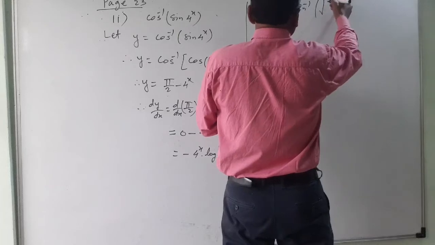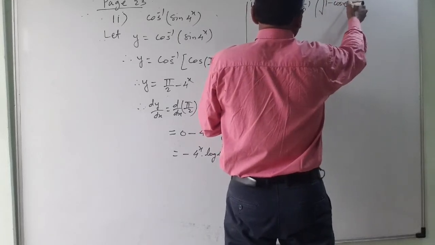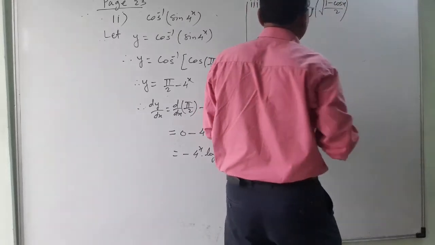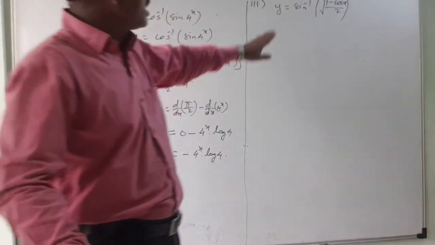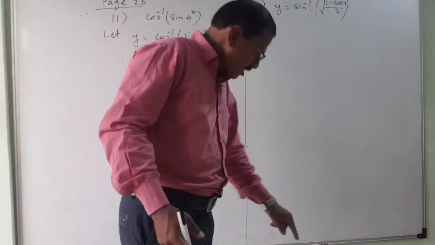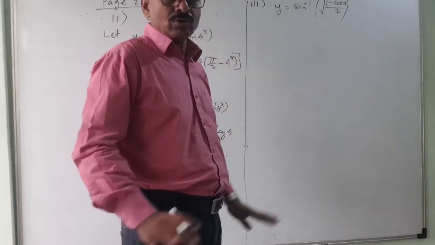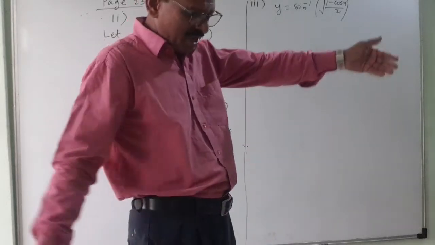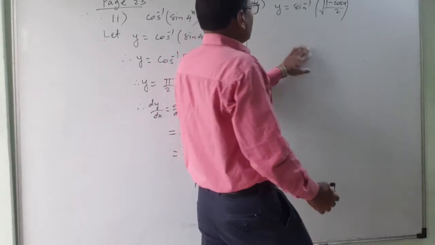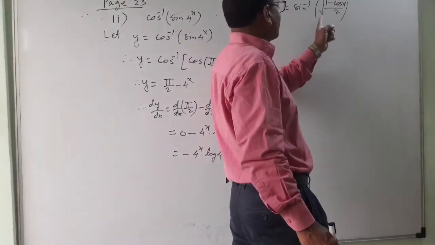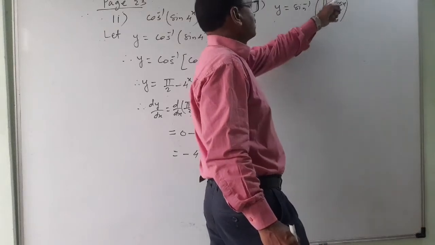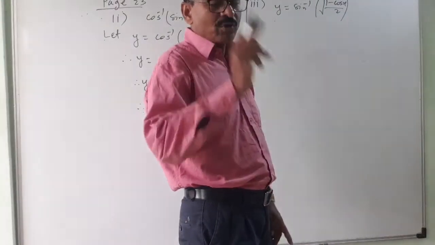root of 1 minus cos x upon 2. As d by dx of sine inverse, that way also you can solve and you will get the answer, no doubt of it, but it will become a very lengthy sum. So first always remember this: whenever there is a root like this, remove it.